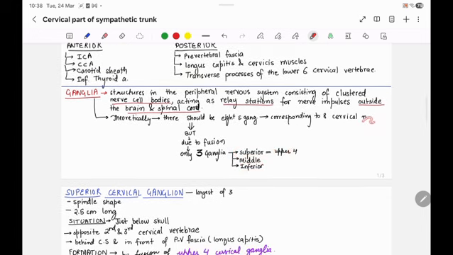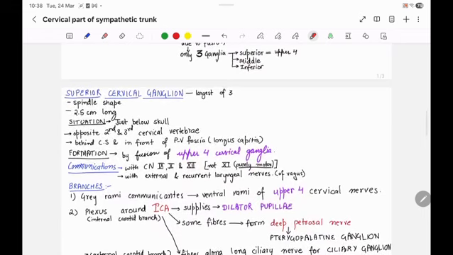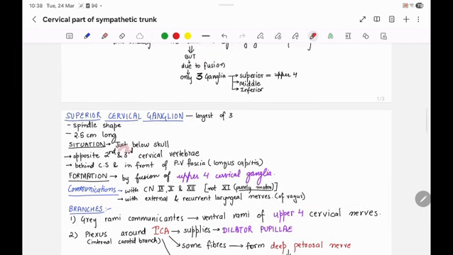So firstly we will see the superior cervical ganglion, which is the largest of the 3. It is spindle shaped and 2.5 cm long. It is situated just below the skull and opposite the second and third cervical vertebrae, behind the carotid sheath and in front of the prevertebral fascia. Formation is by the upper 4 cervical ganglia.